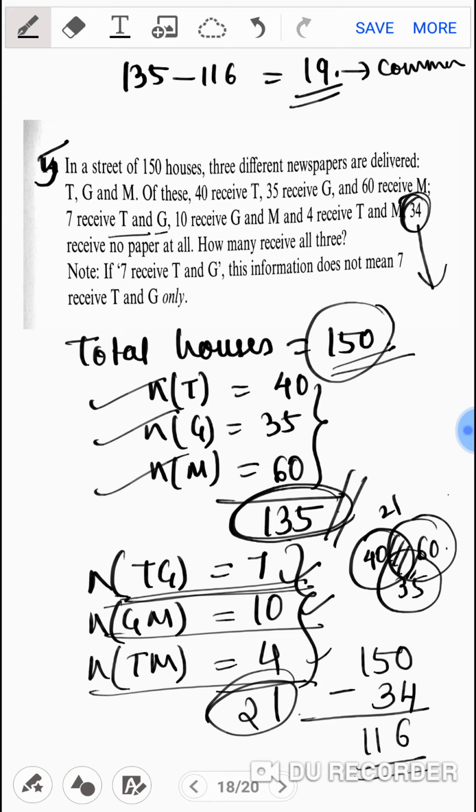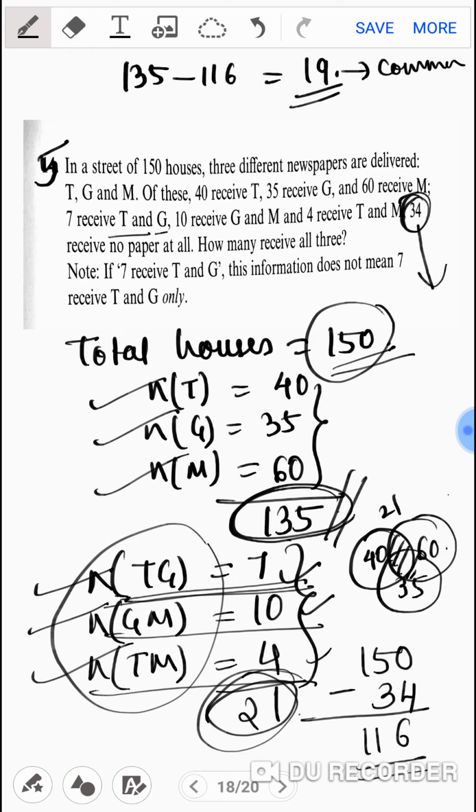So this is the intersection. Now you will notice that together if I take this intersection, it is 21. So that means from my side I am getting intersection as 21. So what is the difference? 2. So that is, two houses are getting all the 3 newspapers.